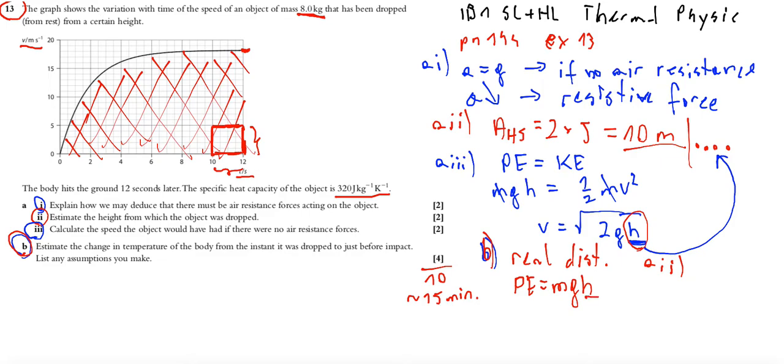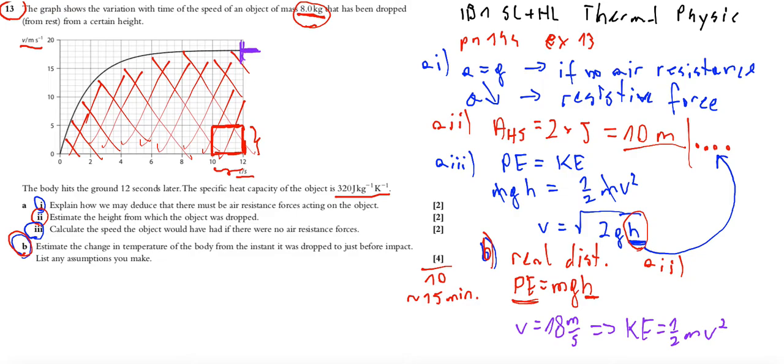If you have a distance, you can calculate potential energy because the mass is given, mass is 8 kilograms. And then, by using the real speed with which the object hits the ground, which is around 18 meters per second, you can calculate the kinetic energy at collision by using the equation half of mv squared.